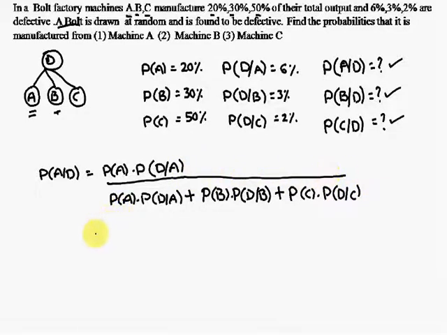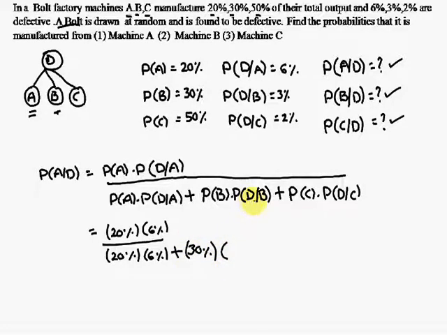Just to substitute the values, probability of A is 20% into probability of D given A occurs, 6%. The same thing in the denominator: 20% into 6% plus probability of B, it is 30%, into probability of D given B occurs, it is 3%, plus probability of C, it is 50%, into probability of D given C, it is 2%.